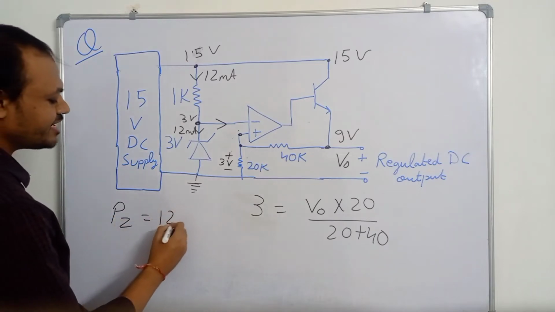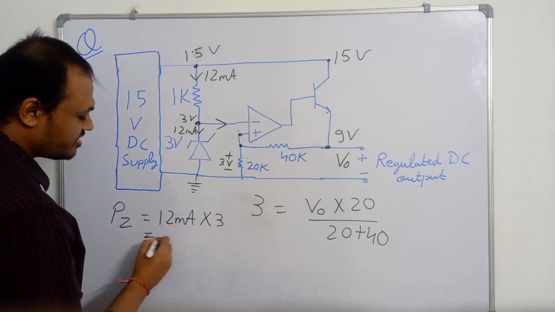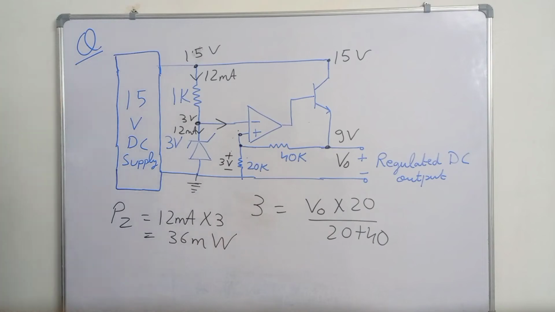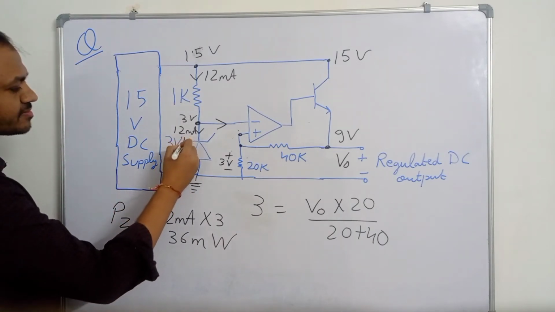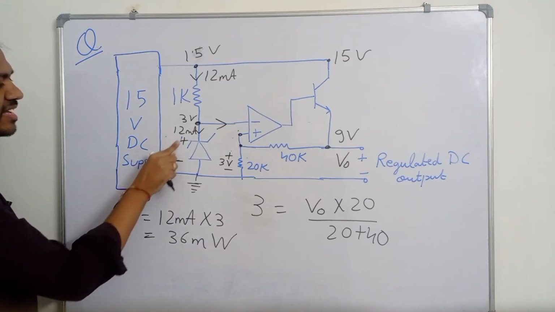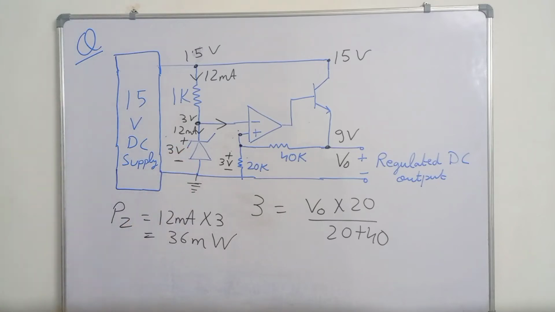The power dissipated by the Zener diode is 12 milliampere into 3, which is equal to 36 milliwatt.